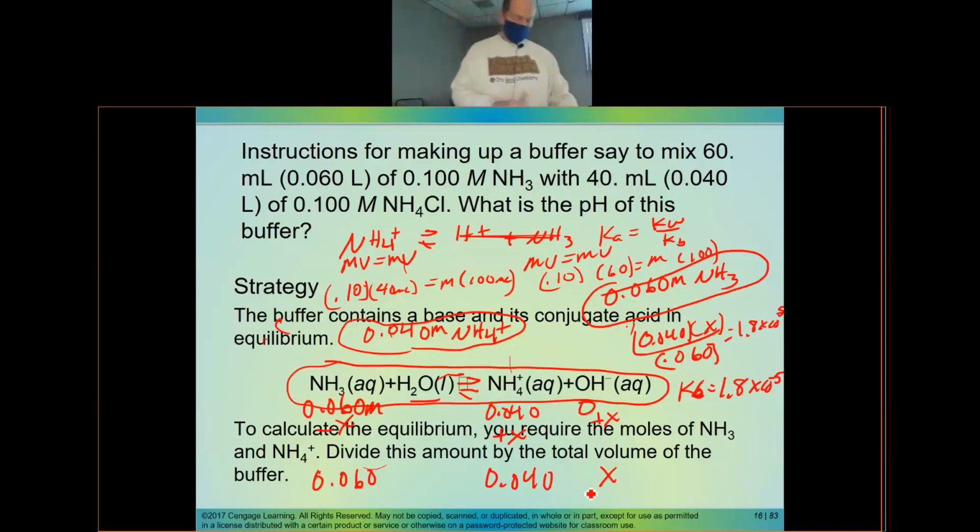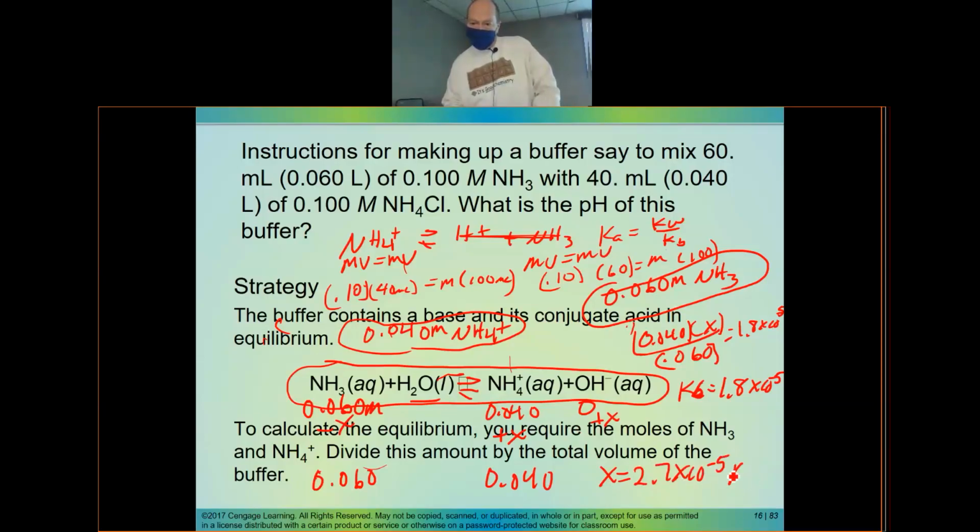So I want to say it's 2.7, but I'm going to push the button. So 1.8 times 10 to the negative 5 times 0.06 divided by 0.04. Yeah, 2.7 times 10 to the minus 5. Should have went with my gut. All right, so I now have my X value. That is 2.7 times 10 to the minus 5.